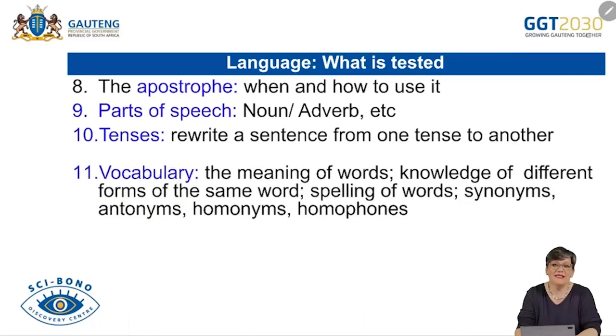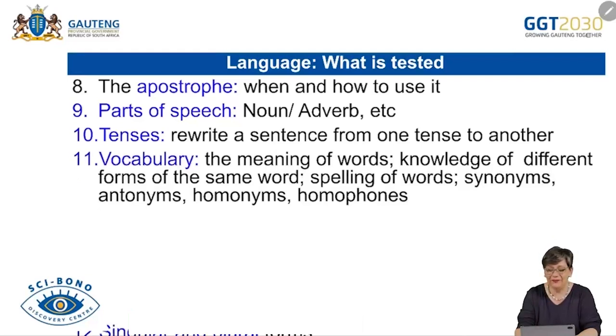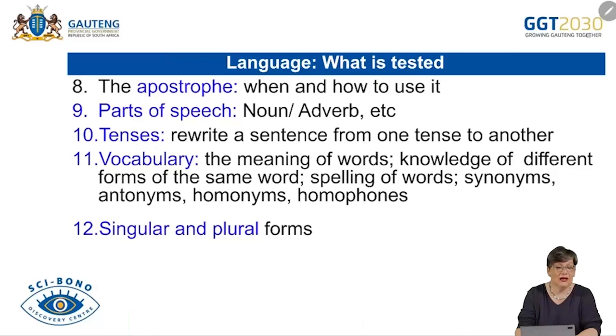Another question is obviously vocabulary. We will be looking at the spelling of words, synonyms, antonyms, homonyms, homophones. You have to know exactly what they are. Singular and plural. Sometimes we can ask you to write a word in the plural, or we can ask you to write a word in the singular form.